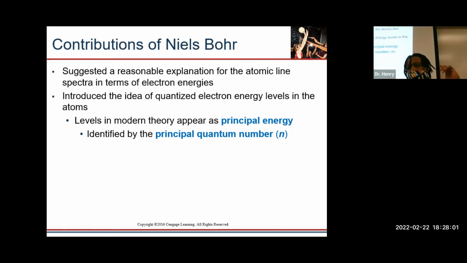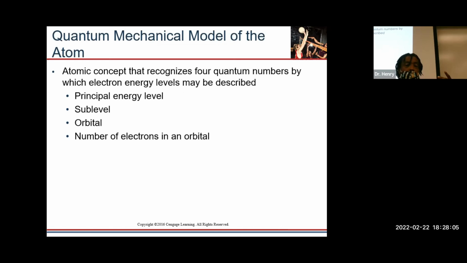There are 4 quantum numbers. They represent the principal energy level, the sublevel, the orbital, and the last one is the spin of the electrons in that orbital.